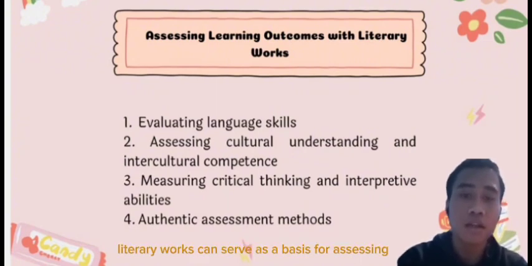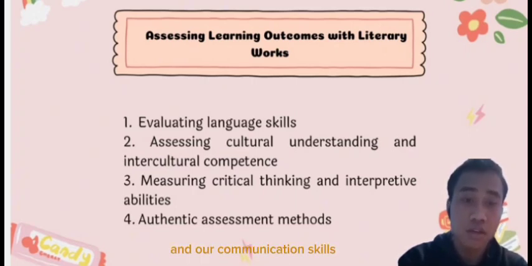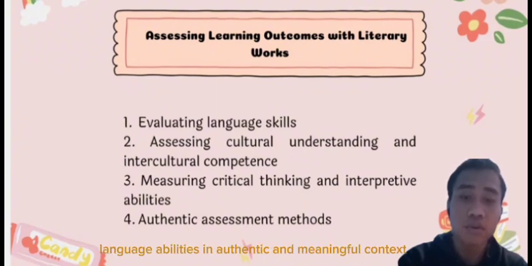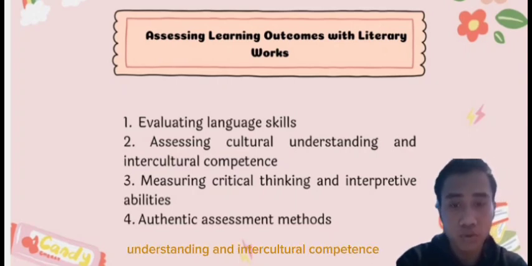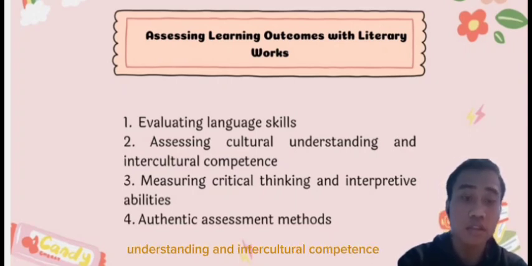Literary works can serve as a basis for assessing various language skills, such as reading comprehension, writing proficiency, and oral communication skills. By using literary context as the basis for assessment, teachers can evaluate students' language abilities in authentic and meaningful contexts. Number two is assessing cultural understanding and intercultural competence.